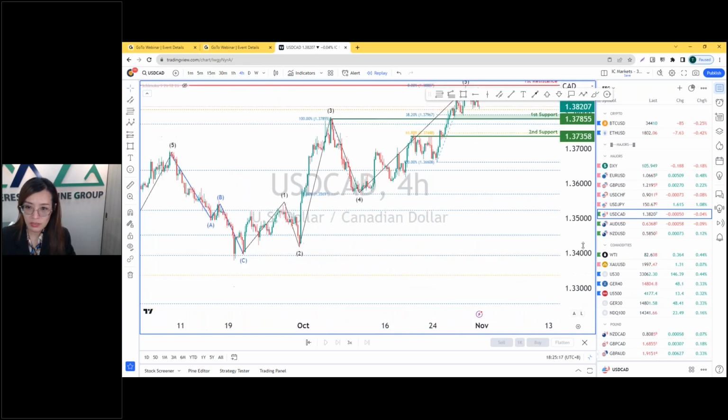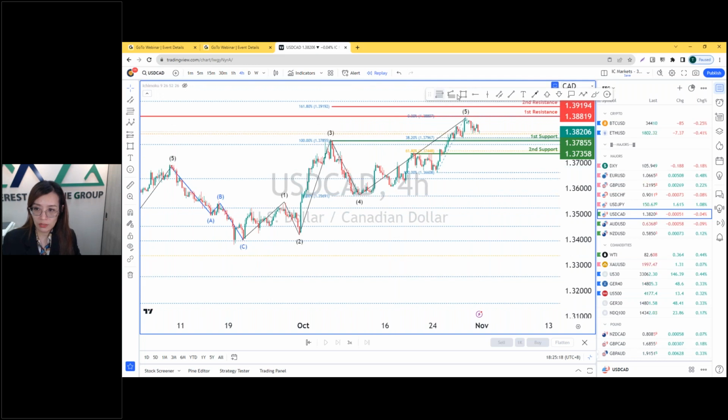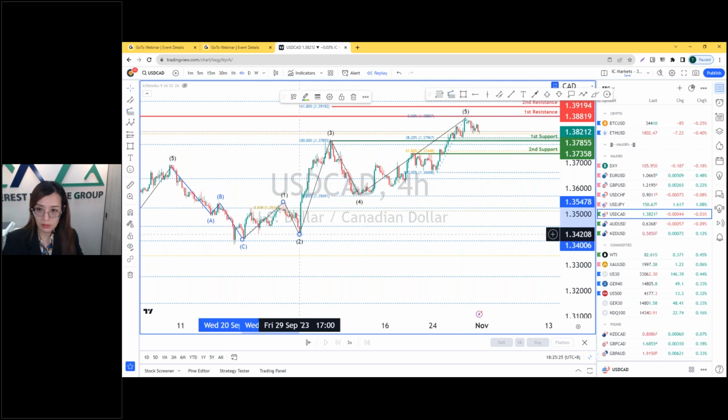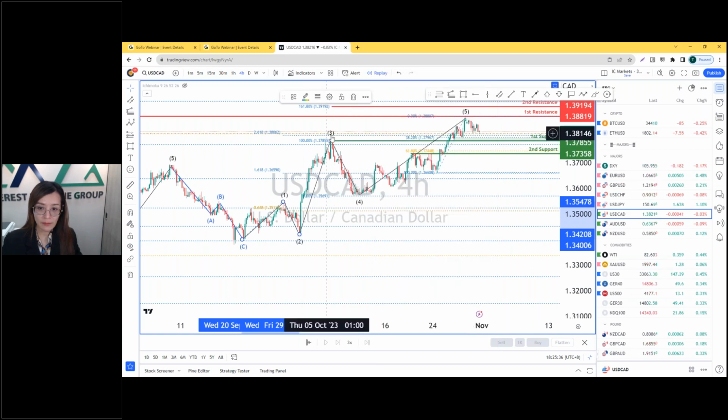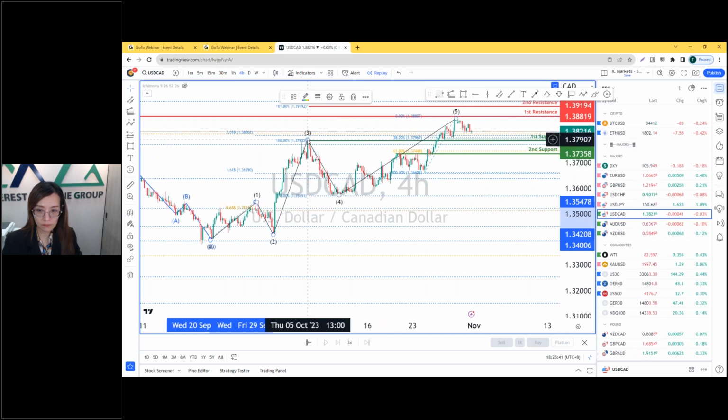And wave 3 is here. How do we get wave 3? We use Fibonacci projection, 1, 2, and 3. This could be 161.8% or 361.8%. Here is wave 3. It doesn't mean it has to be exact, this is just a guideline number. This is wave 3, and wave 4 never overlaps wave 1.